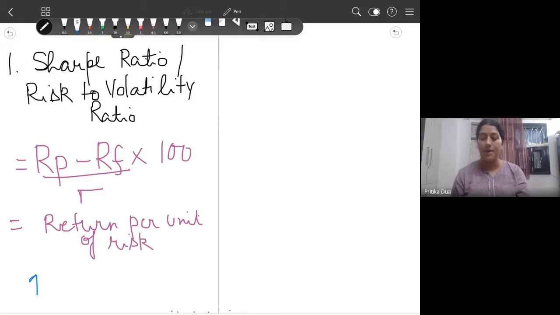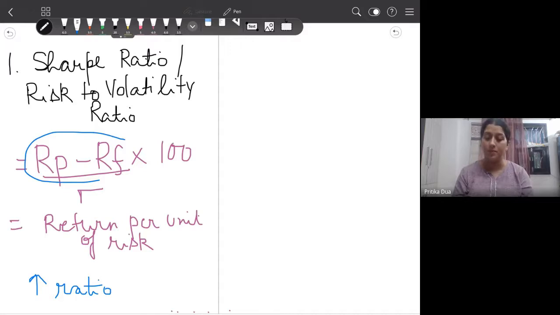So if you are comparing the Sharpe ratio for two investments, always prefer the investment which is giving you the higher Sharpe ratio, because that is giving you higher risk premium per unit of risk undertaken. So RP minus RF is actually the risk premium. So instead of investment in risk-free security, you are moving to some market-based security, a risky investment.